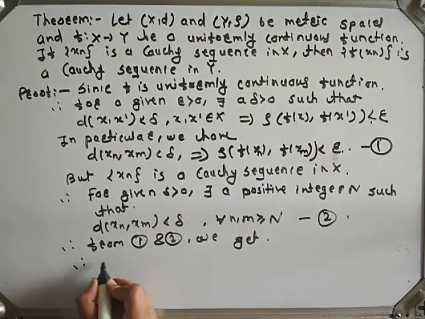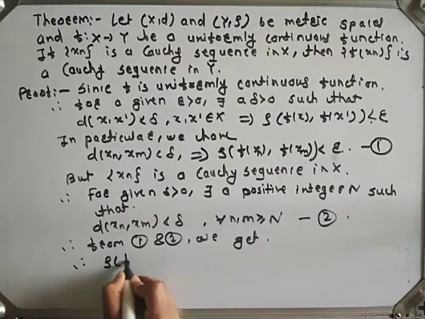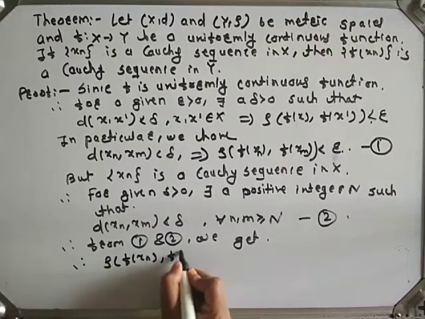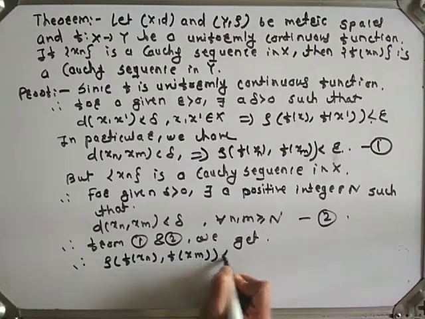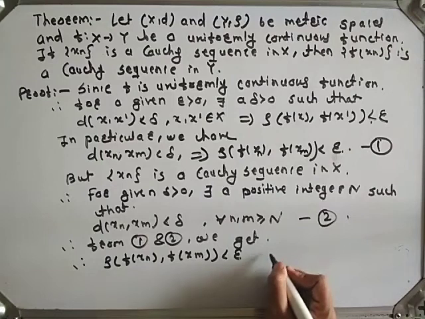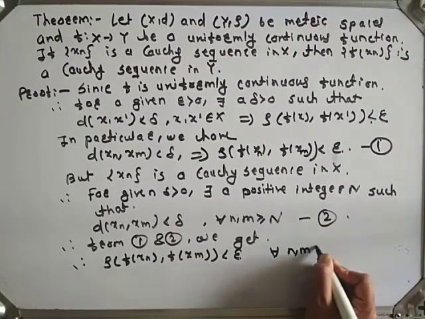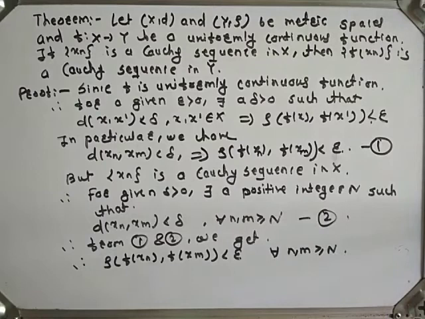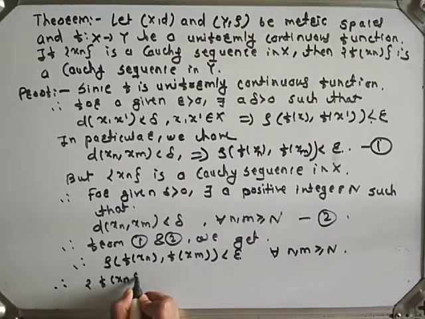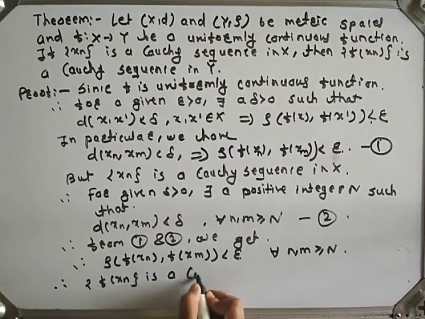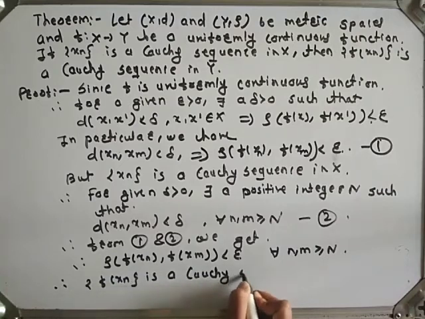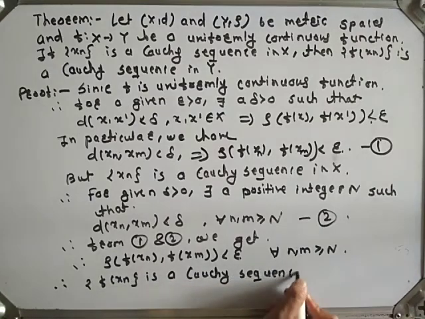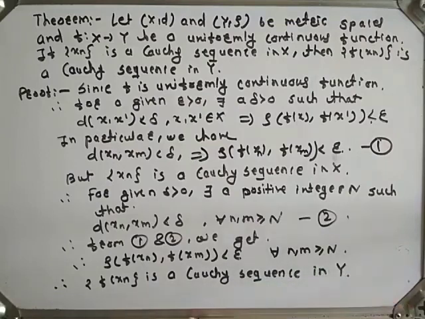So we get rho of f of xn comma f of xm is strictly less than epsilon for all n comma m greater than or equal to capital N. Therefore, the sequence f of xn is a Cauchy sequence in Y. Okay. Hence the proof of the theorem is complete.